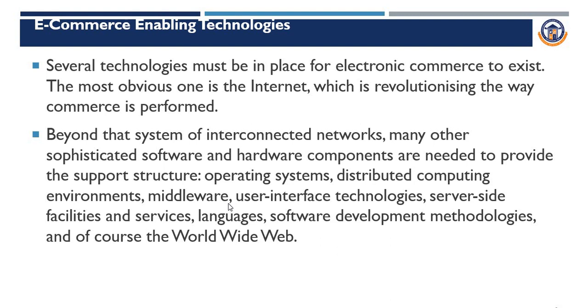Next, e-commerce enabling technologies. Several technologies must be in place for electronic commerce to exist. The most obvious one is the internet, which is revolutionizing the way e-commerce is performed. Beyond the system of interconnected networks, many other sophisticated software and hardware components are needed to provide the support structures, such as operating systems, distributed computing environments, middleware, user interface technologies, server-side facilities and services, languages, software development methodologies, and of course the World Wide Web.